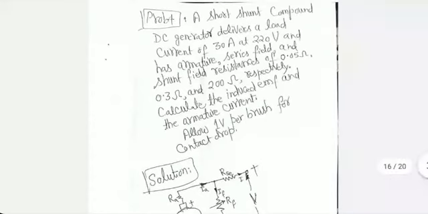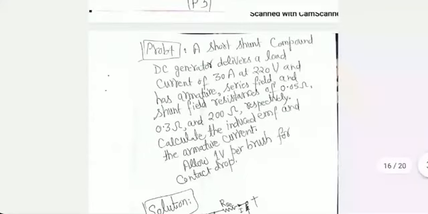So here we have got a short shunt compound DC generator. It is delivering 30 ampere at 220 volt. Armature resistance is 0.05 ohm. Series field resistance is 0.3 ohm. And shunt field resistance is 200 ohm. Induced EMF, EB, we need to figure out. Brush drop has again been given as 1 volt per brush.